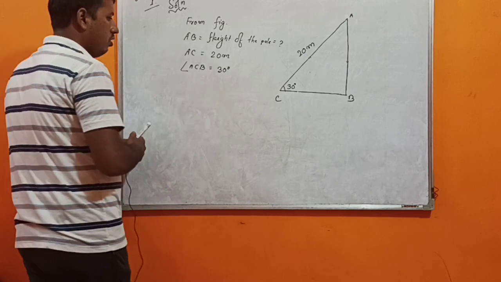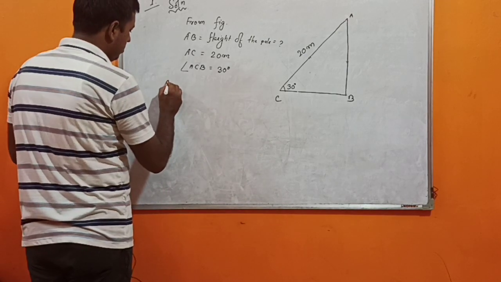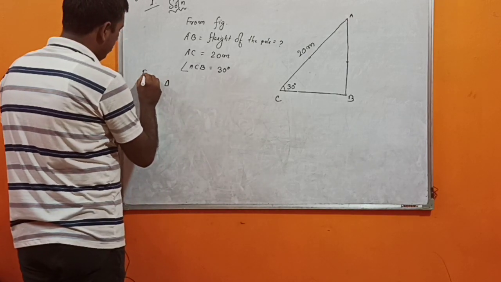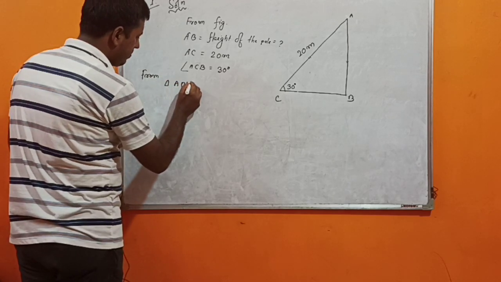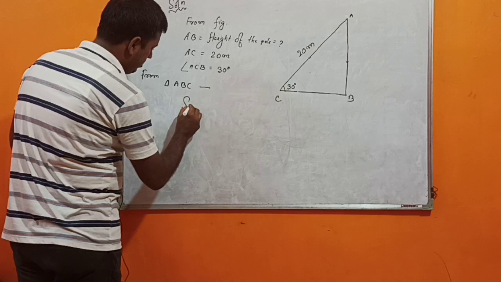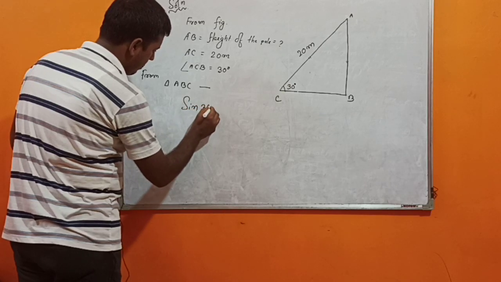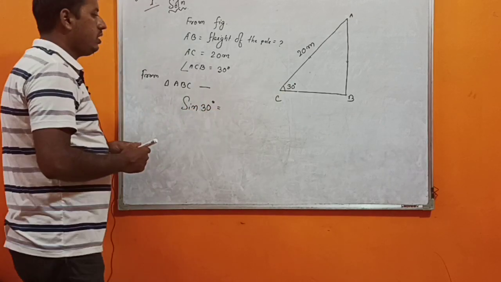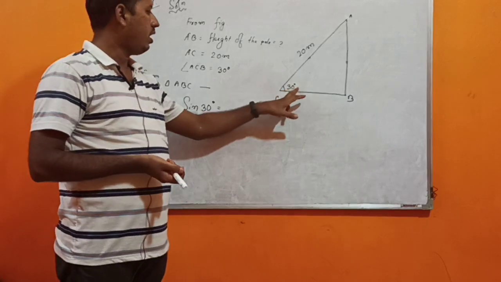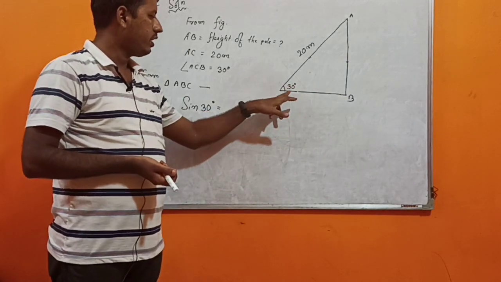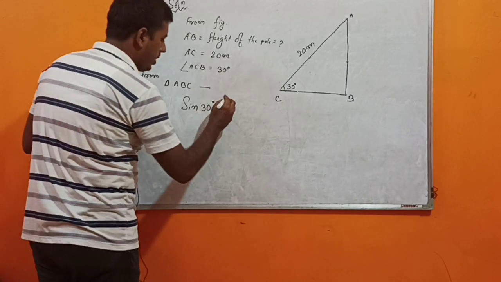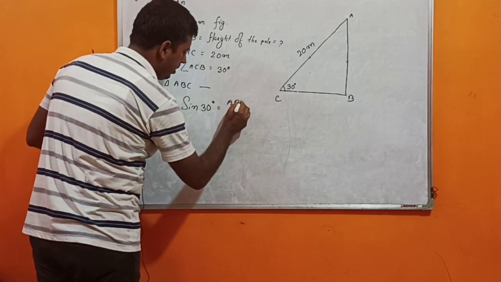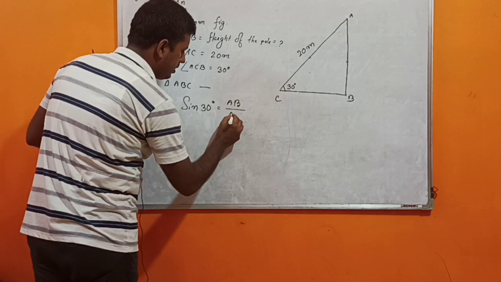So from triangle ABC, sine 30. When we went through the concepts, it was considered as theta. Now the acute angle is given, that is 30 degrees. So we can write sine 30 equals perpendicular by hypotenuse, that is AB by AC.